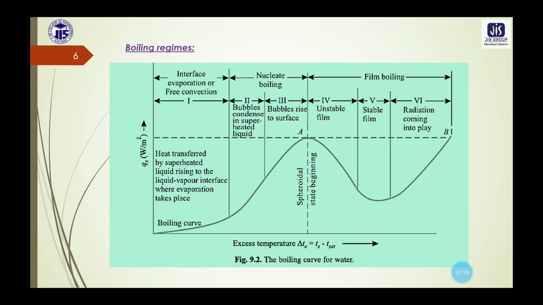Now with further increase in delta T, the excess temperature, the bubbles are formed more rapidly and rise to the surface of the liquid, resulting in rapid evaporation. In this diagram, zone 3, the bubbles rise to the surface, it is written here. So rapid evaporation occurs in zone 3 under nucleate boiling.